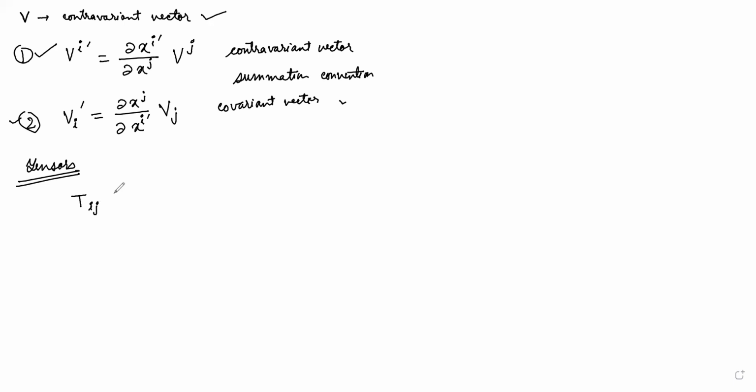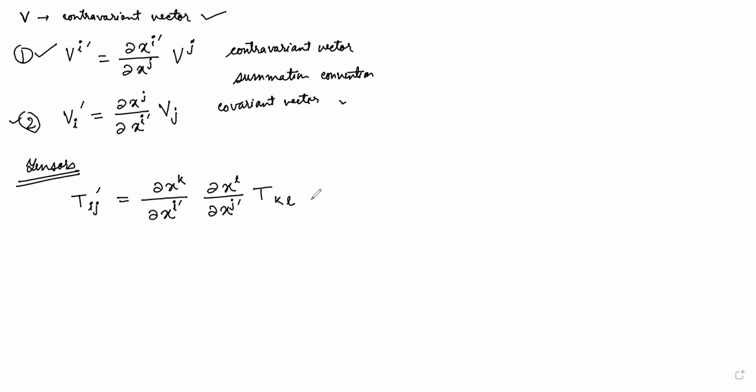Let us see how it transforms under a coordinate transformation from the unprime frame to the prime frame. Here we'll have dou x_k by dou x_i prime, similarly dou x_l by dou x_j prime, times T_kl.